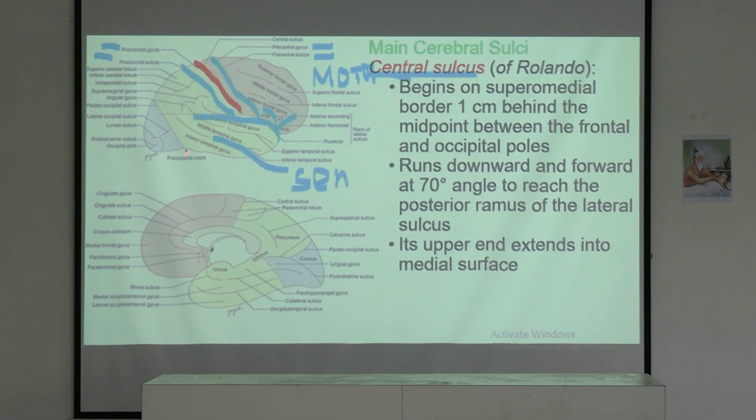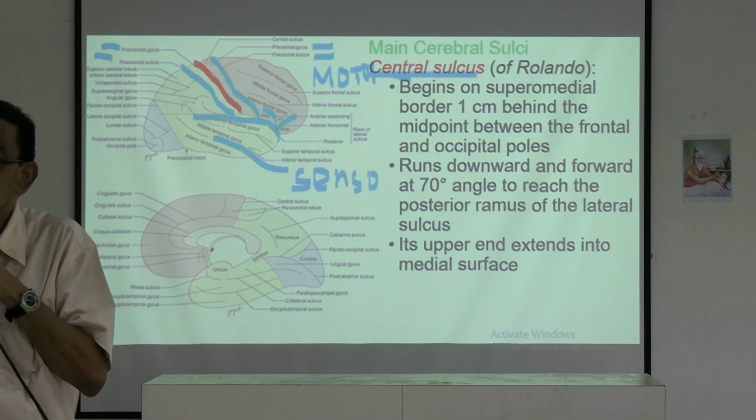This is the occipital lobe, which is concerned with vision.